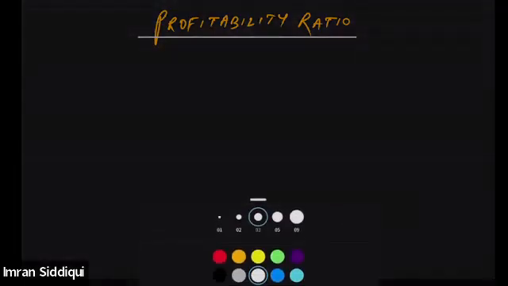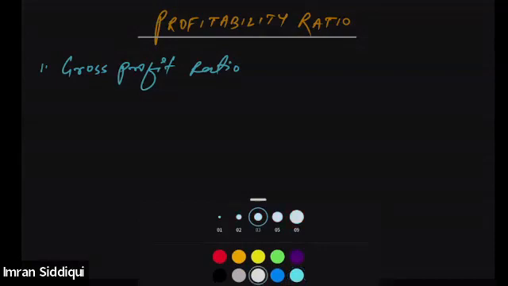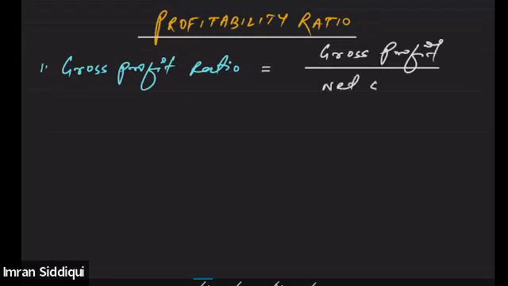So the first ratio under this is the gross profit ratio. And the formula to find out the gross profit ratio is the gross profit divided by the net sales into 100.